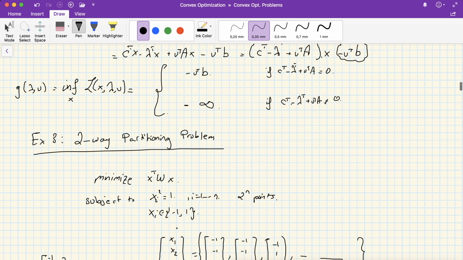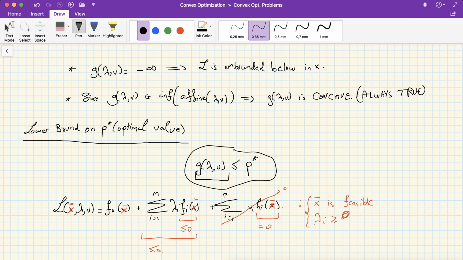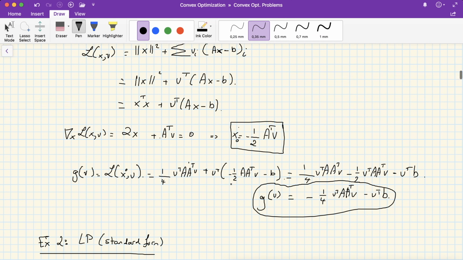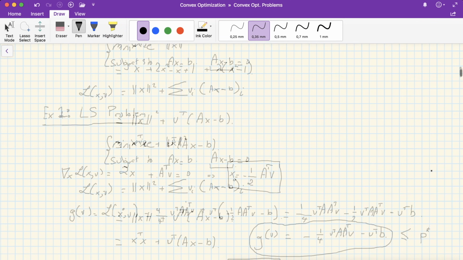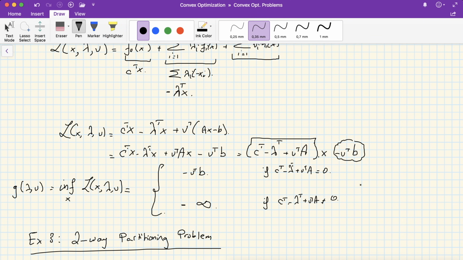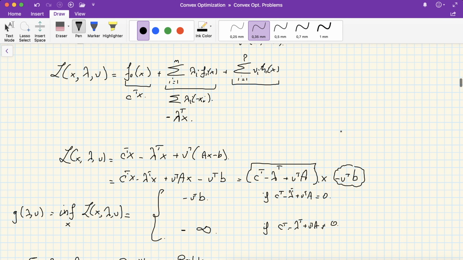So, using the bound up here, we can say something about all three examples. In example 1, we can say that g of nu is a lower bound on the optimal solution, p star, of the least squares problem. We can say that in case g of nu exists, then in example 2, the LP problem, minus nu transpose b is a lower bound on the optimal value of the problem.